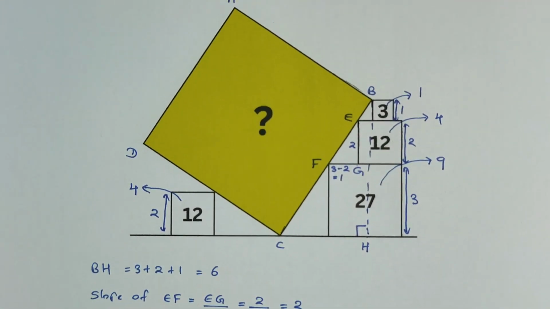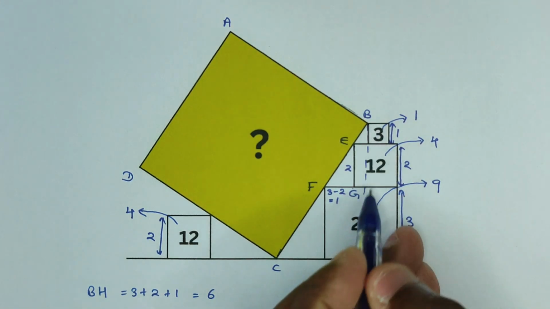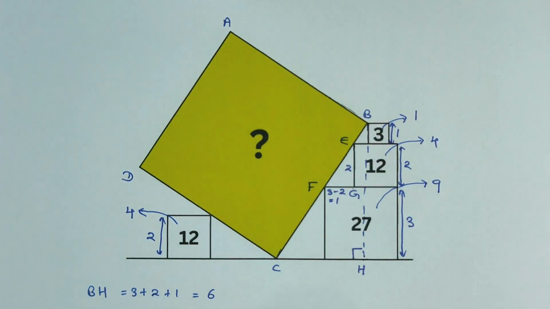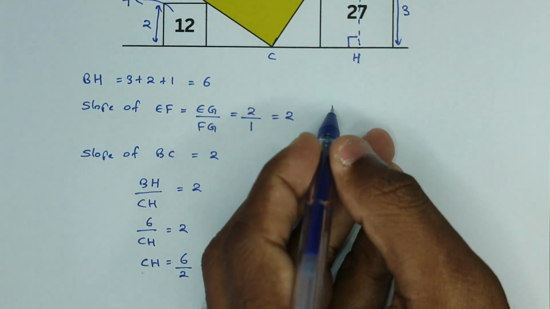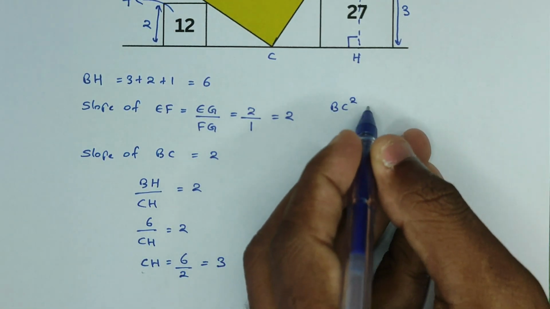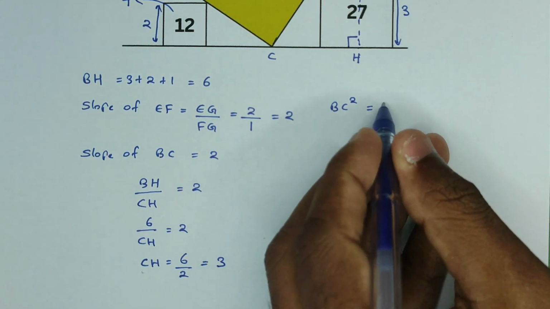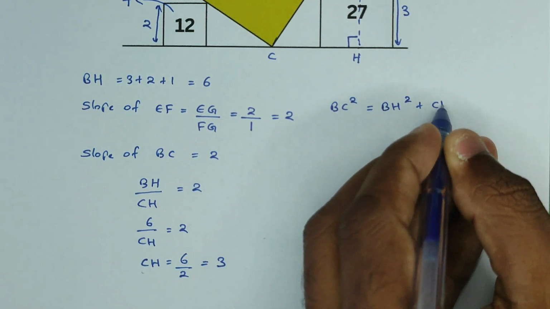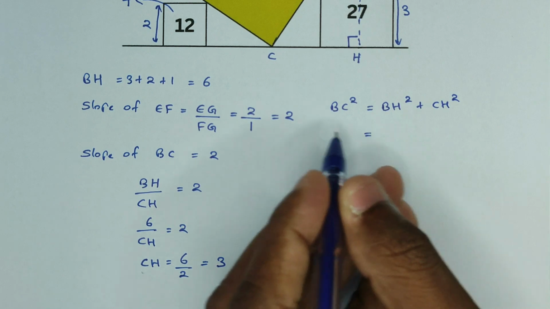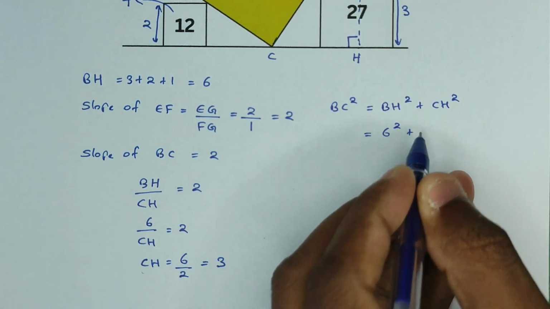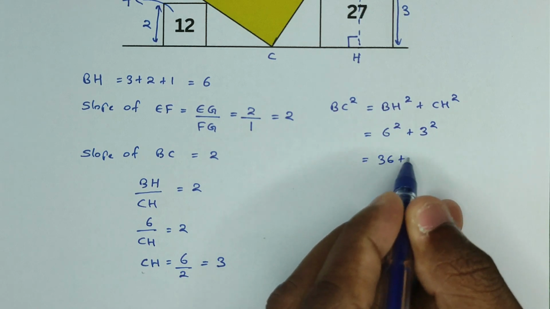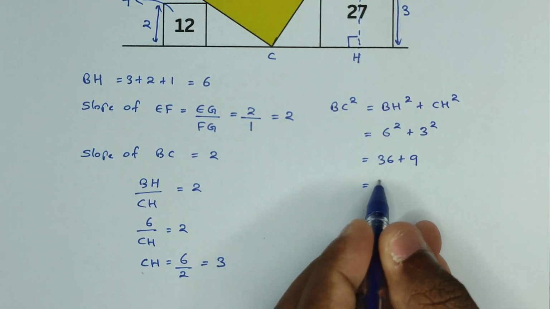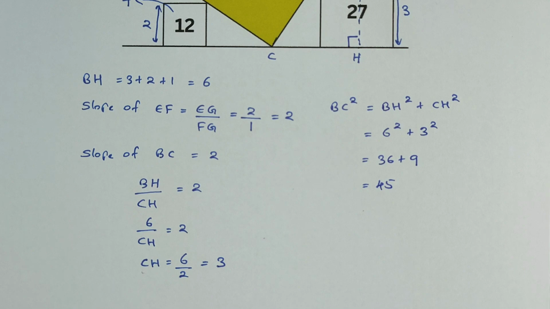Now, using the Pythagoras theorem, to the right angle triangle BHC, we get BC squared, which is also the area of this yellow square, equals to BH squared plus CH squared, which equals to 6 squared plus 3 squared. 6 squared is 36 and 3 squared is 9, so we get 45 square units.